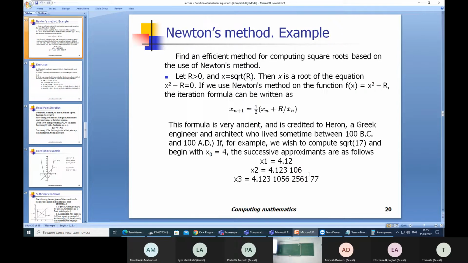Please find first two values, x1 and x2, for square root of 17.